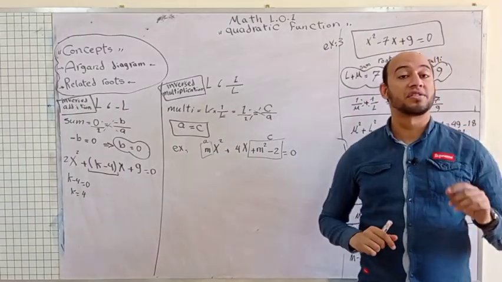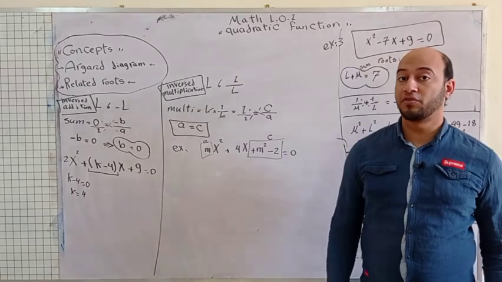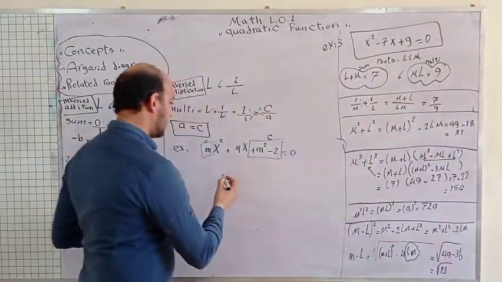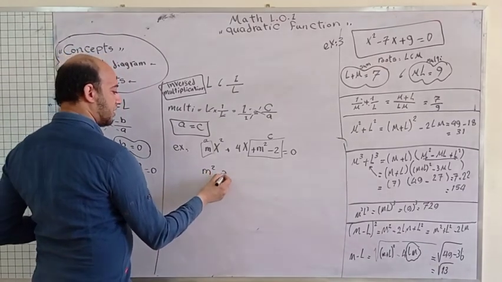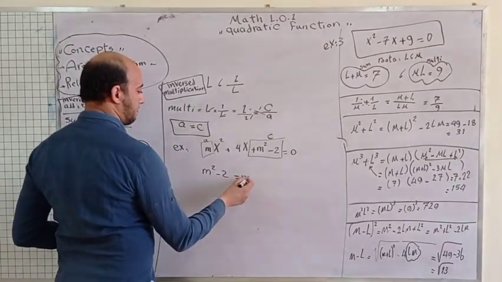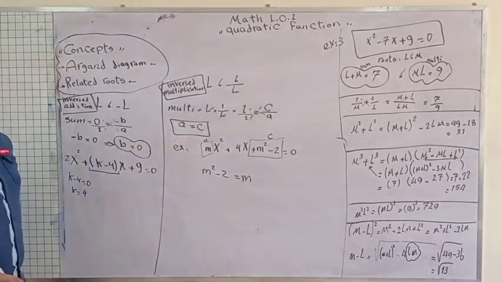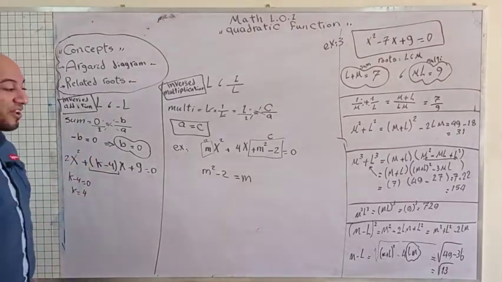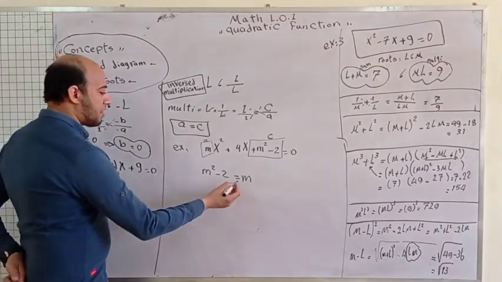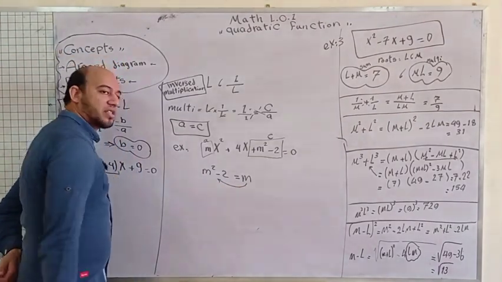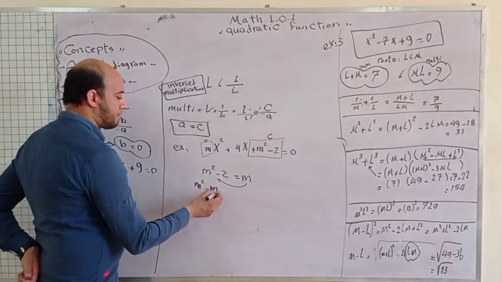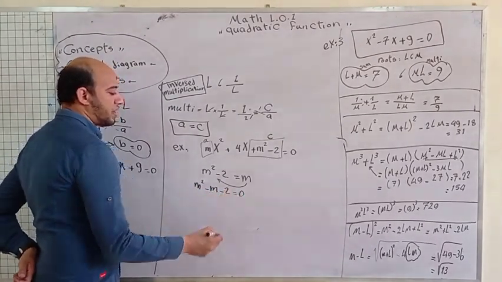And we said because they are inversed multiplicative to each other, a must be equal to c. Then m squared minus 2, which is c, must equal m, which represents a. We get a quadratic equation. Solve it for m. I will move it to the other side with the opposite sign. Then m squared minus m minus 2 will be equal to 0.